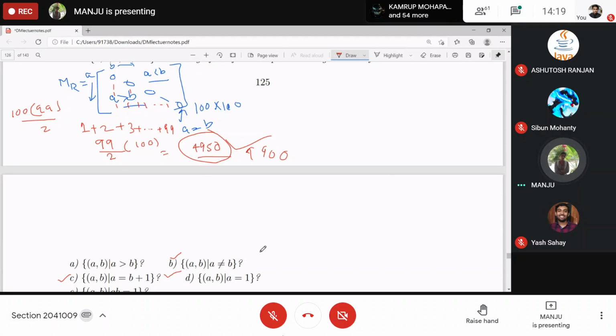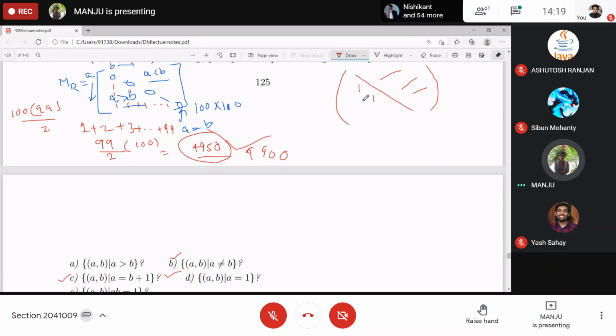For this one, A comma B says that A is equal to B plus 1. A is 1 greater than B, right? At diagonal, you have 0, 0. At above diagonal, A is less than B, so here also 0, 0. Only at 2 comma 1 is it related, since 2 is equal to 1 plus 1. 3, 2 is related.